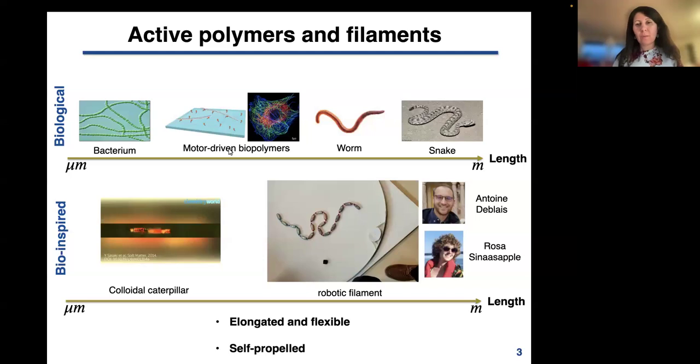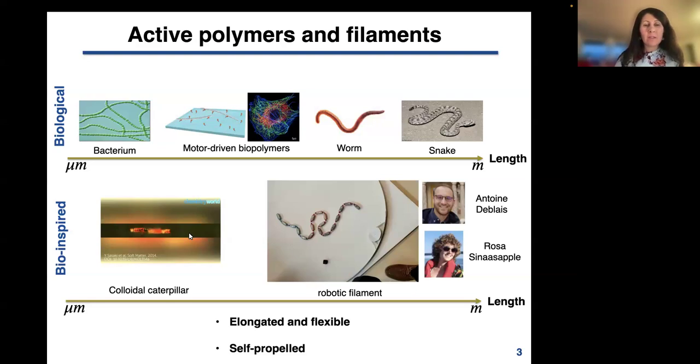If you go to more macroscopic length scales, you can find worms and snakes. What is common among all these systems is that they are elongated and flexible. They are not stiff, not rigid like rods. But they are also self-propelled. They involve some sort of active process.